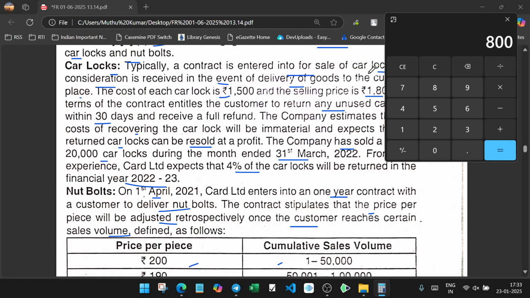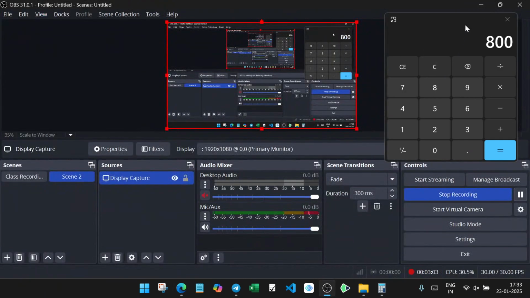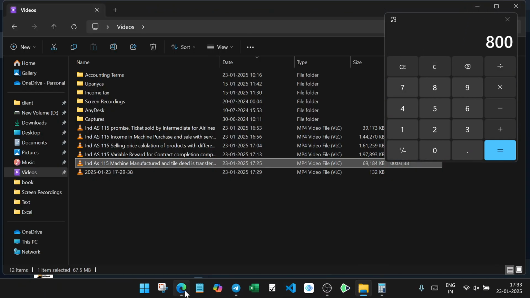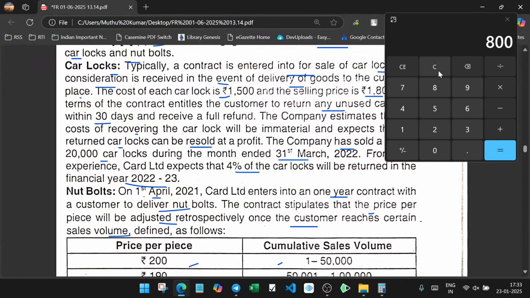The sale at 1,800 should be reversed, and the cost of 1,500 should be recognized.